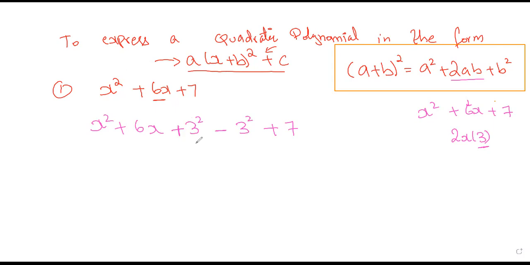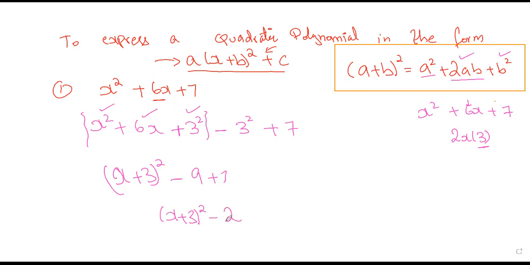Now this basically is a square plus 2ab plus b square. So I can write it as x plus 3 whole square minus 3 square, which is 9, plus 7. So this is x plus 3 whole square minus 2.